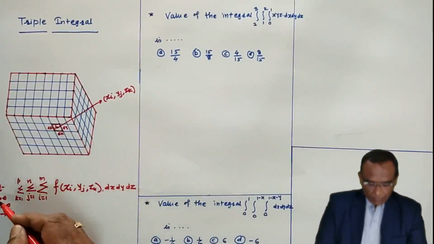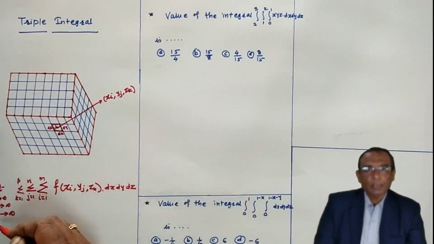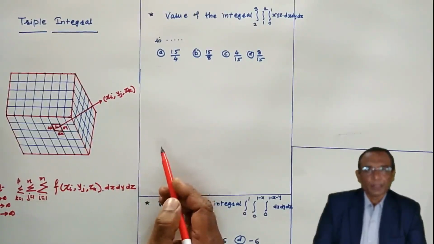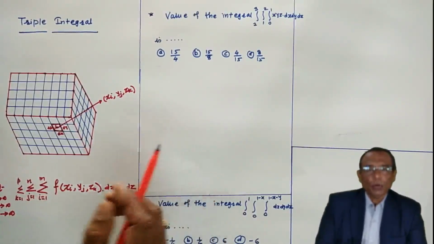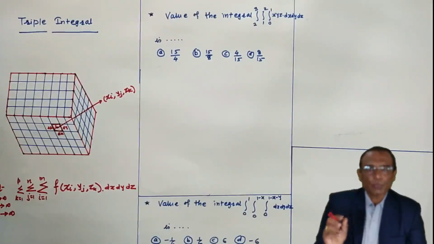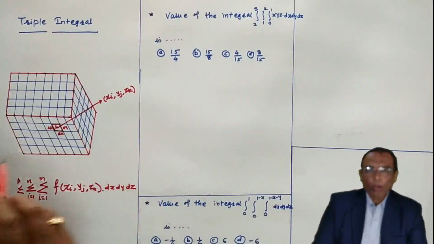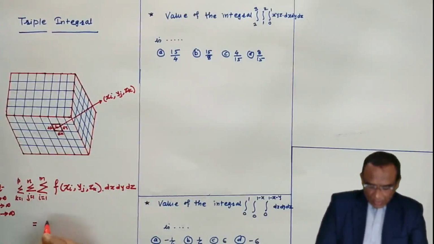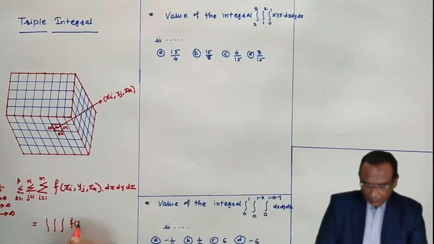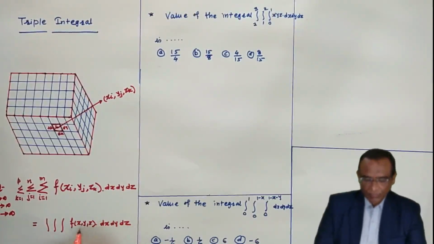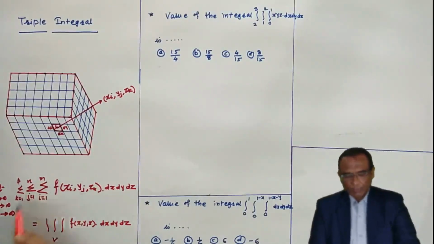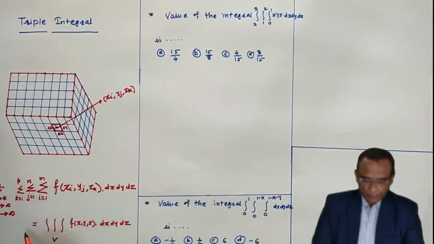As p, n and m approach infinity, the volume of each rectangular box will be very, very small. The sum of all those is the triple integral of the function over dx dy dz, that is, the triple integration of the function over this volume. In this way, we have defined the triple integral.